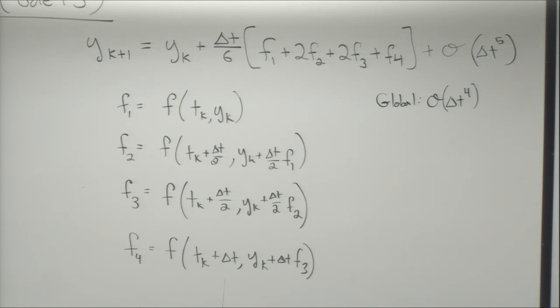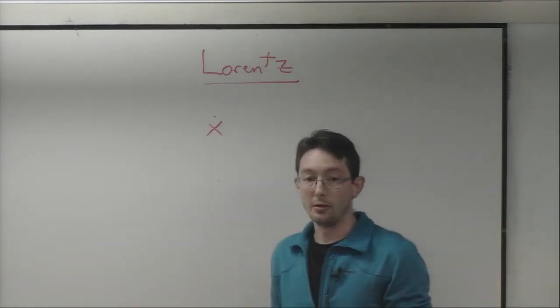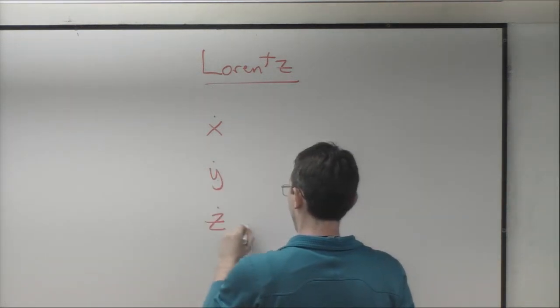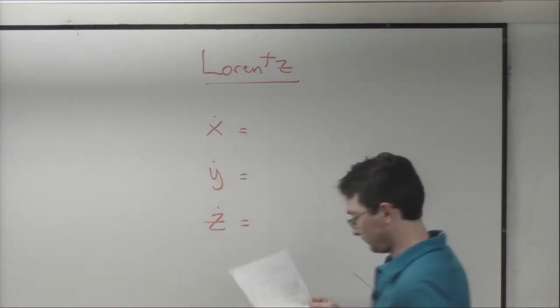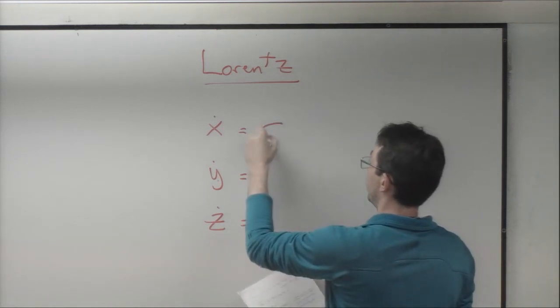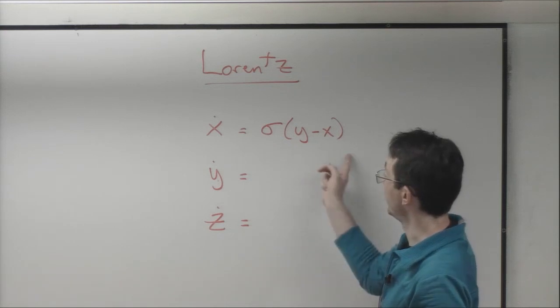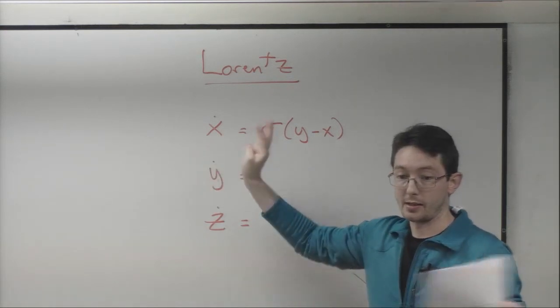And he wrote down this very simple 3-dimensional ODE. So we had x dot, y dot, z dot equals. x dot is just sigma times y minus x. Sigma is a constant, so this is linear. The x equation is just linear.